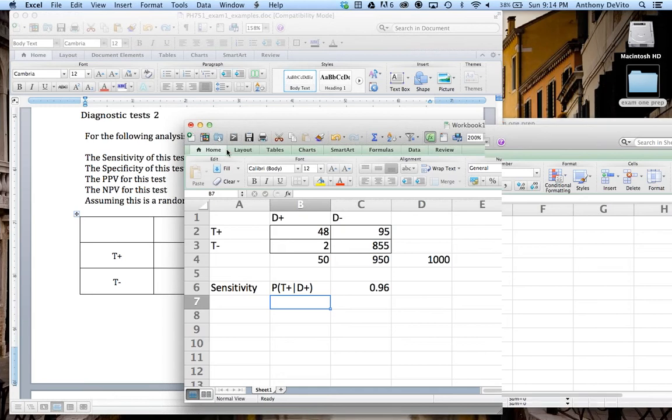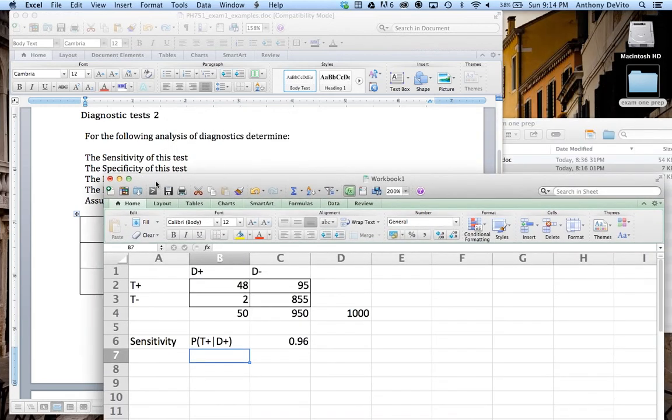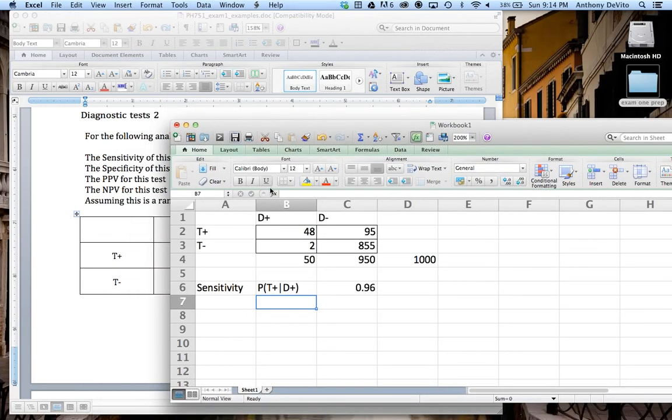Okay, next question on there is, what's the specificity of this test? Specificity of this test is how good we are at identifying people that don't have the disease. And it turns out that specificity is the probability that they test negative, given that they're disease negative, right? Percentage that were correct.